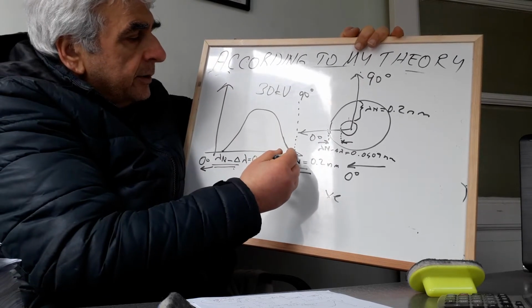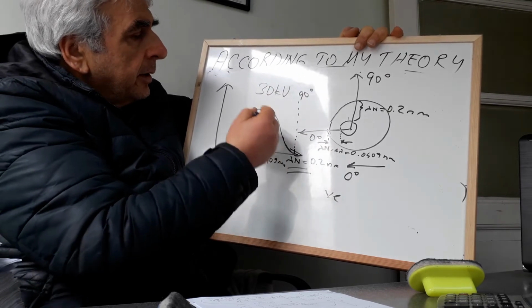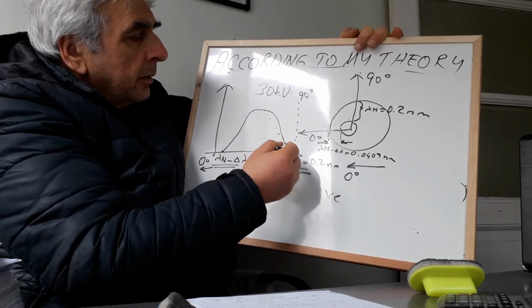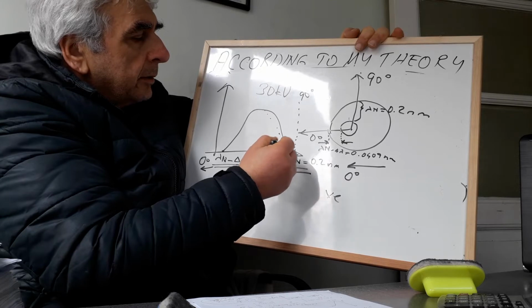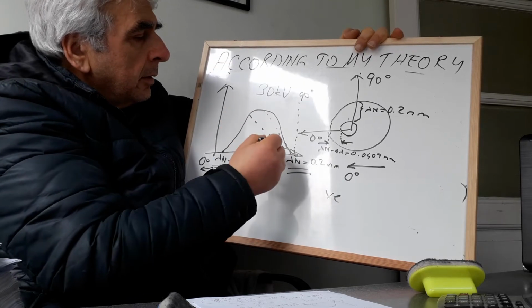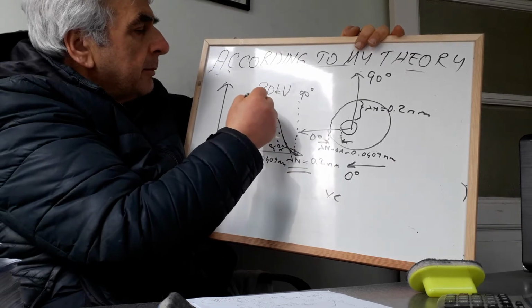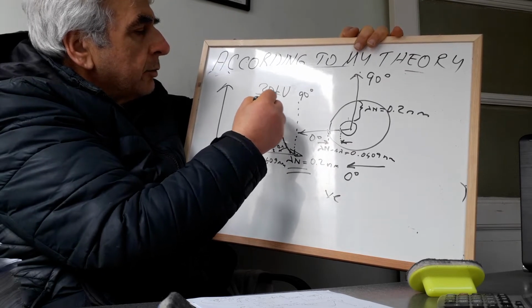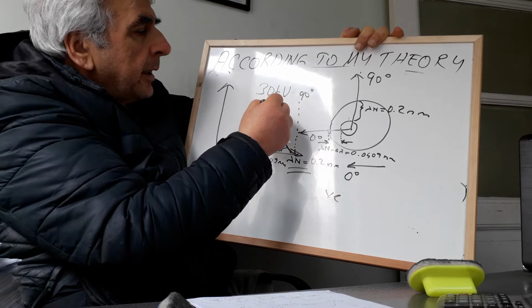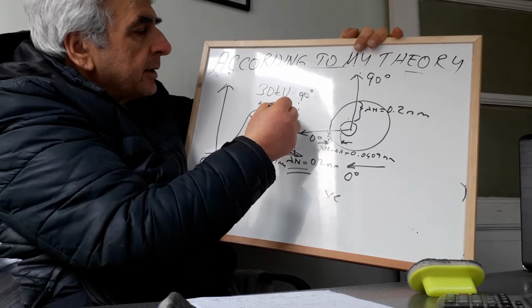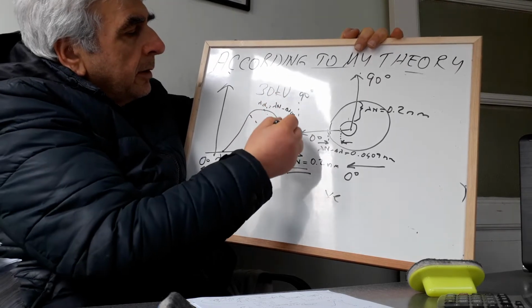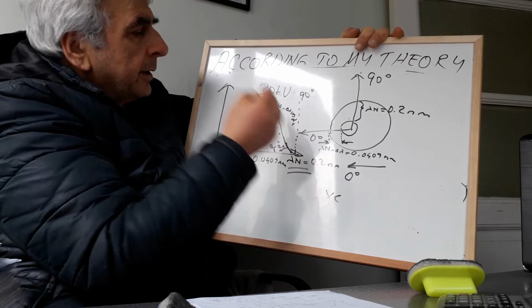Now, this is 90 degree. Here say alpha 1. Here say alpha 2. Okay, at this point, λ alpha 1 equals λn minus Δλ cosine alpha 1.